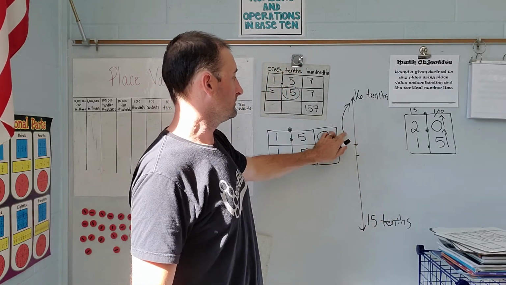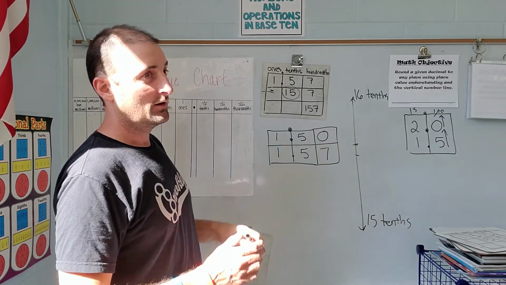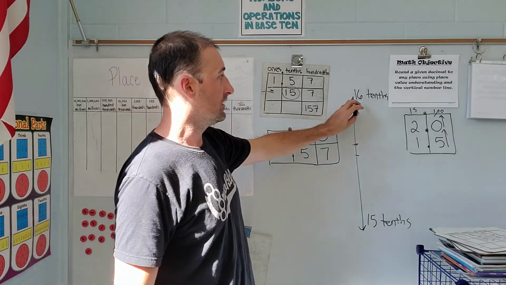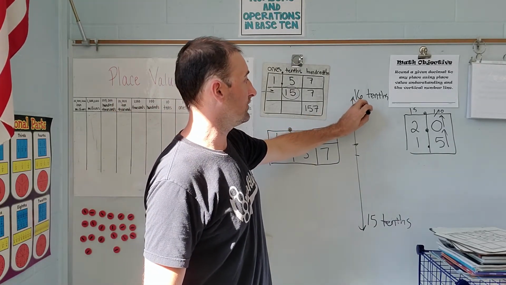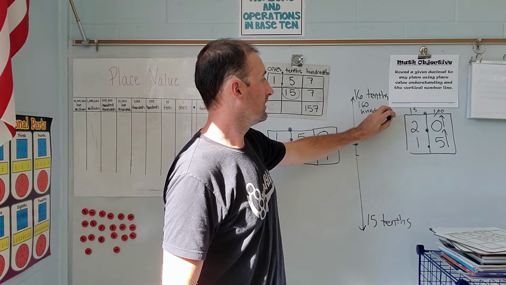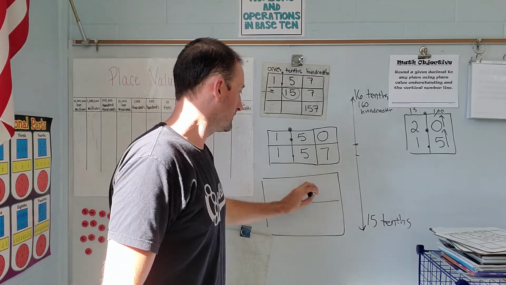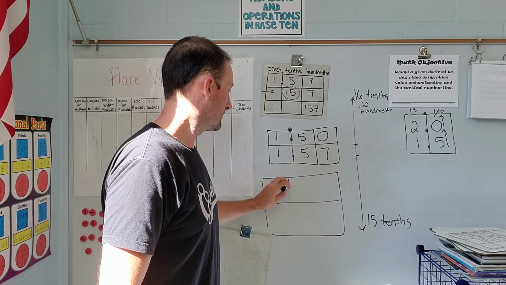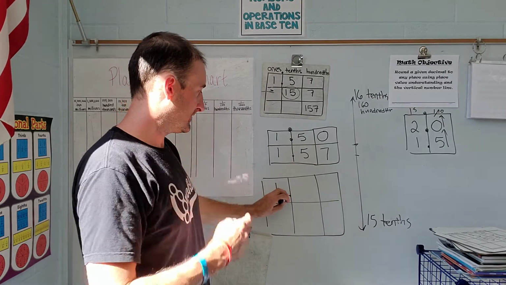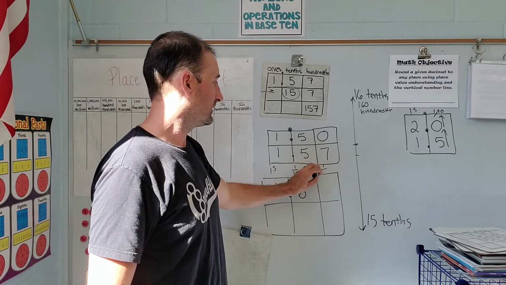And we need a midpoint. Well, what's the midpoint between 16 and 15? I don't know, but I know what the midpoint is between 160 hundredths and 150 hundredths, because 16 tenths is the same as 160 hundredths. And if you don't believe me, here's 16 tenths. Remember the ones, the tenths, and the hundredths.